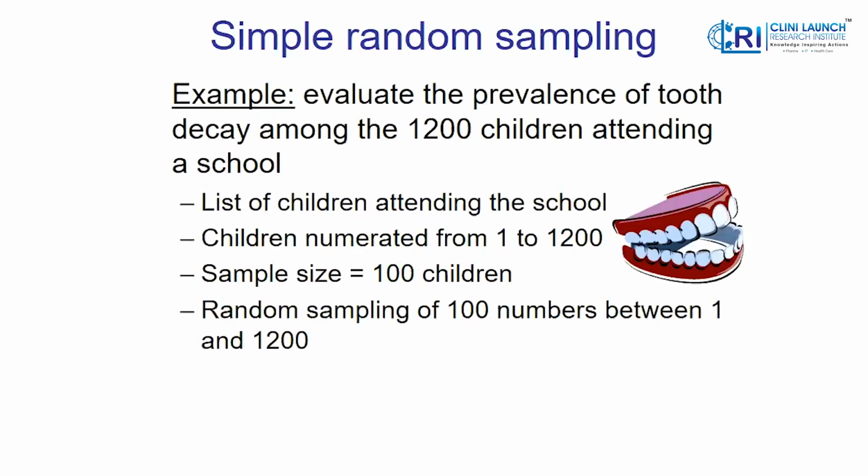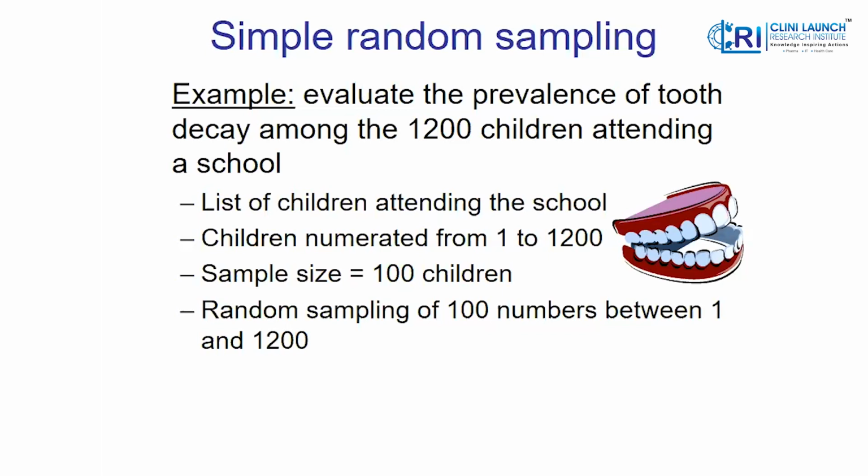Now see this example. Let's suppose you have to estimate the prevalence of tooth decay among the 1200 children attending a school. So now you have a complete list of children attending the school. This will be your sampling frame. Children are numbered from 1 to 1200.